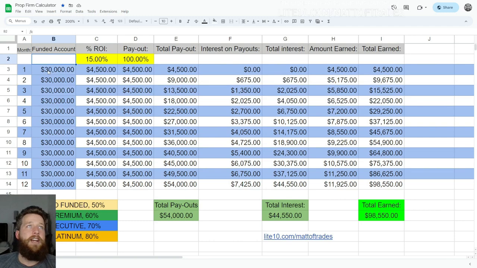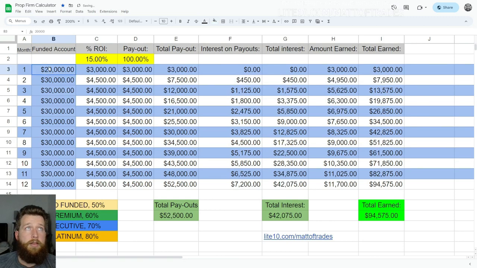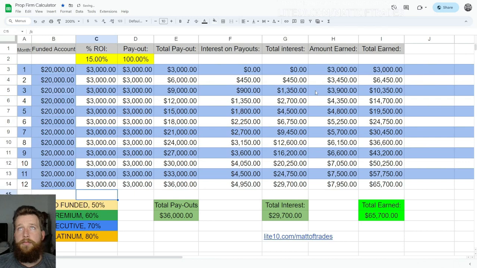Let's bring this down to say 20. You would need about 8 months if you're making a 15% monthly return. If you have a $20,000 account, let's see what $15,000 looks like.